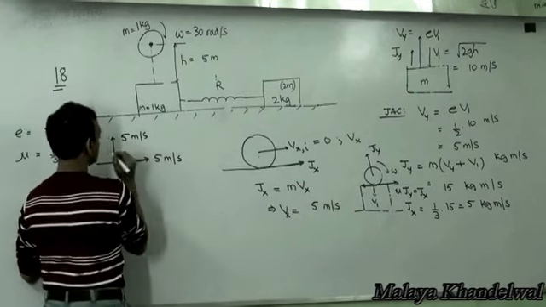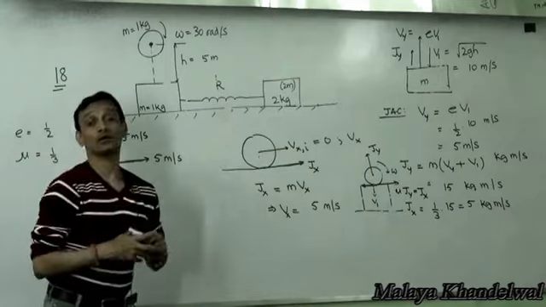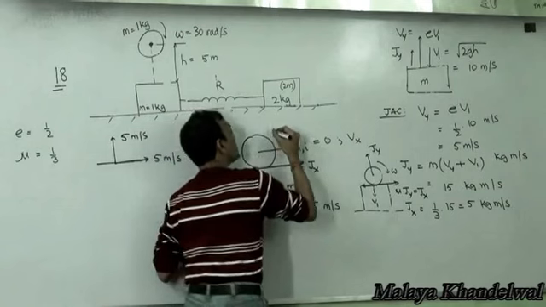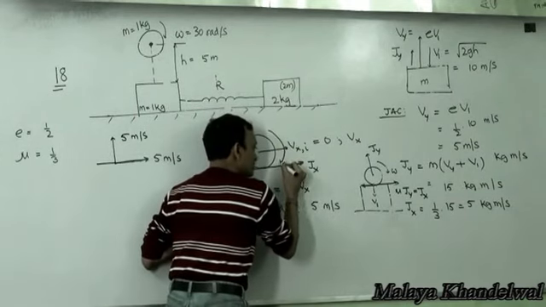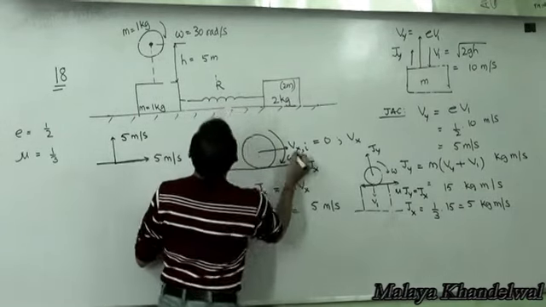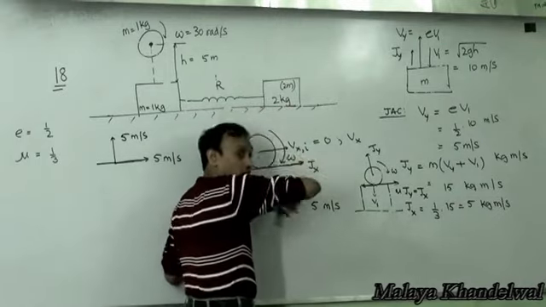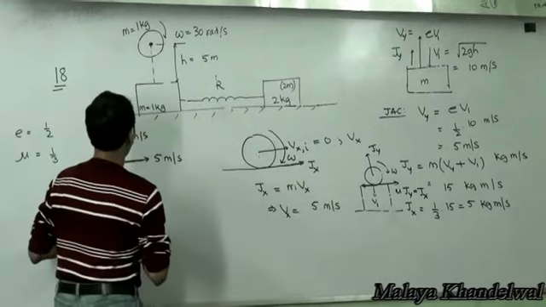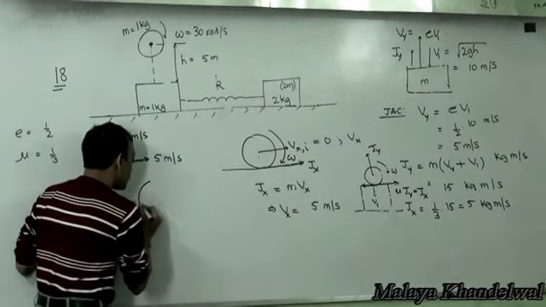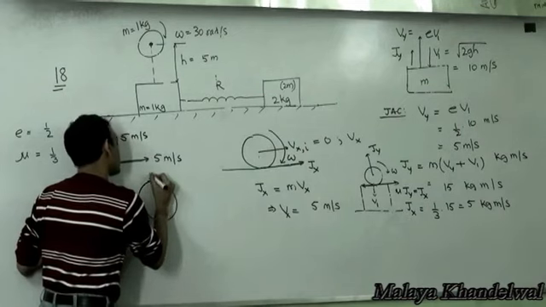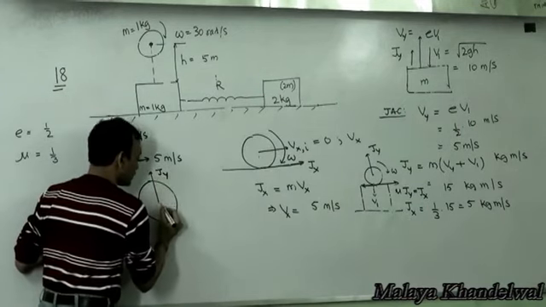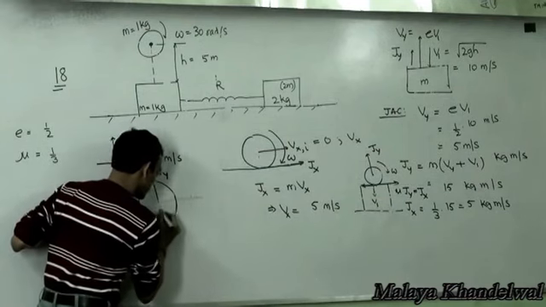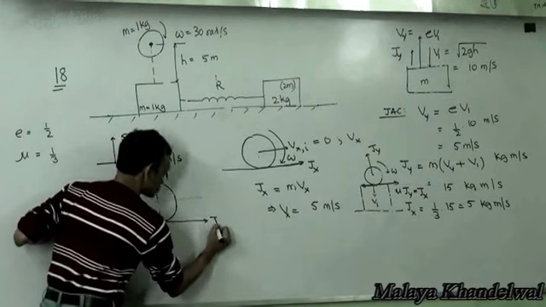Clear? Now, this is not the end of the story. At the instant it struck this mass, it had an angular speed omega clockwise, 30 radians per second, right? Now, reckon that it was acted upon by a vertical impulse jy, and a horizontal impulse jx because of friction.